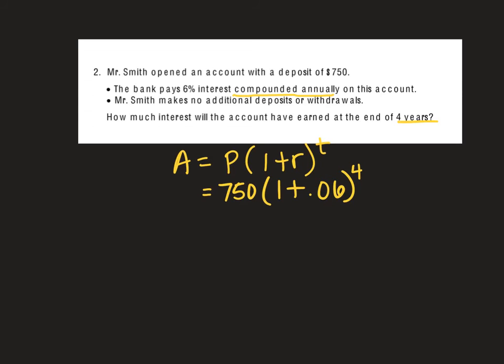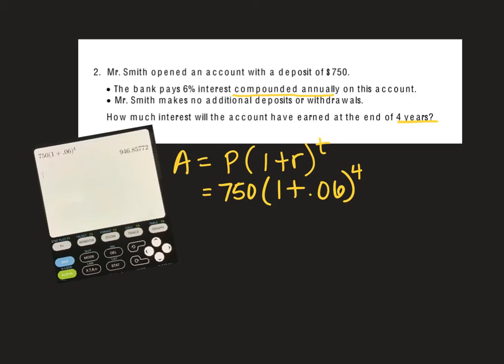So now I'm going to plug everything into my calculator. You should be able to see my calculator screen there to the left. And once I entered all of the information in, it told me that my total amount of money was $946.86. Remember to round correctly to that hundredths place.